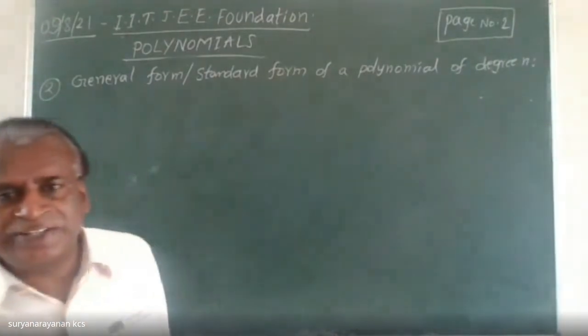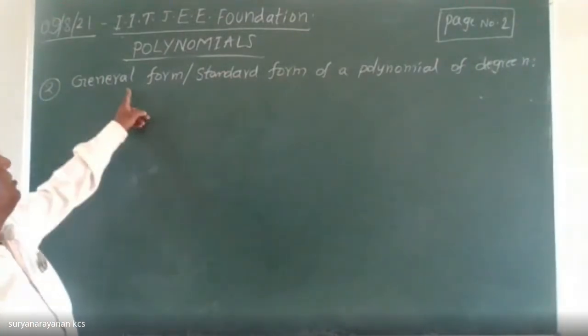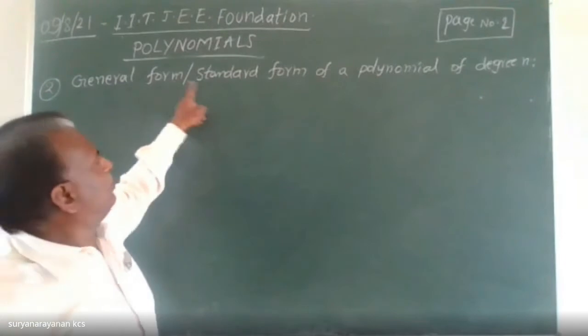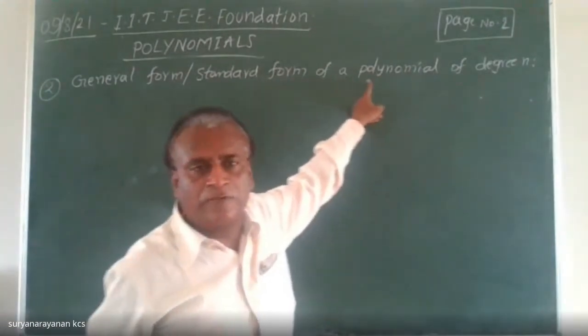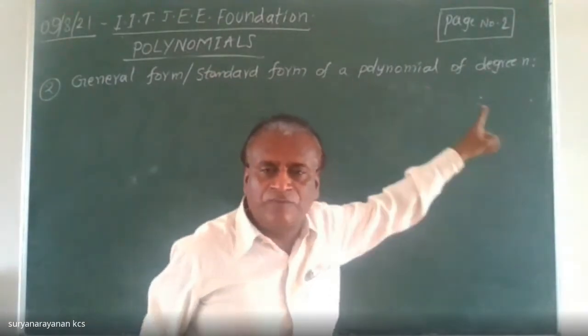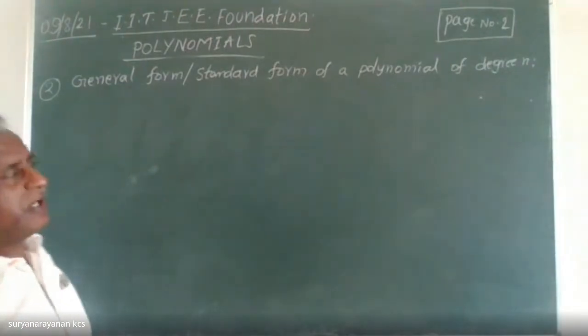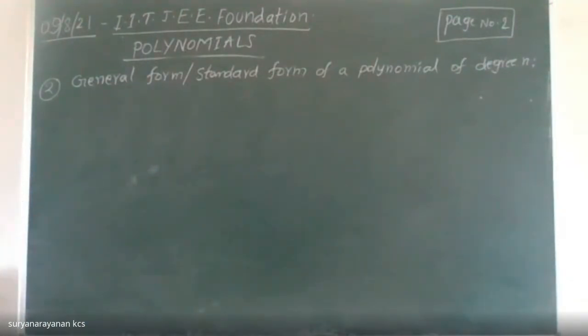Now we are going to discuss this point. General form or standard form of a polynomial of degree n. What is a general form or standard form of a polynomial of degree n?